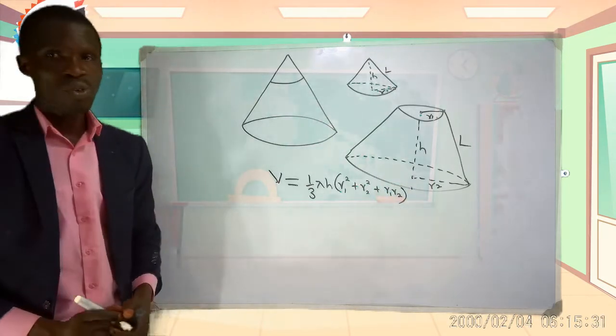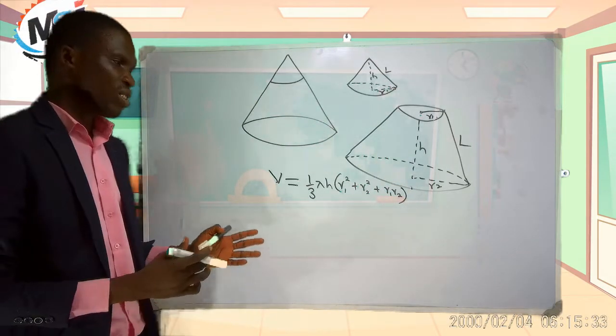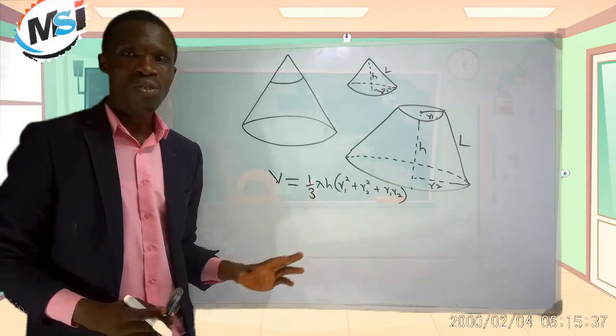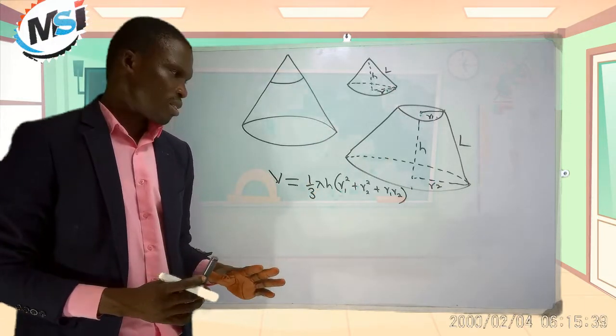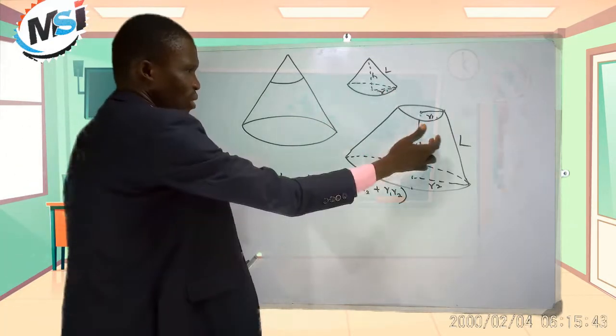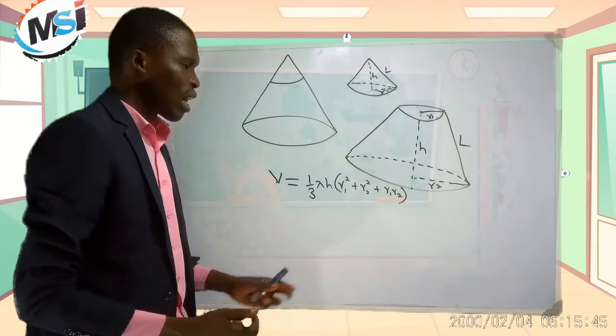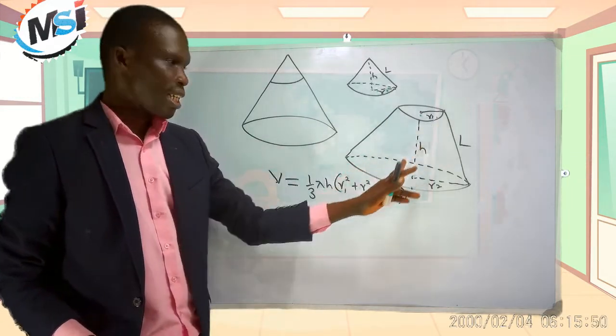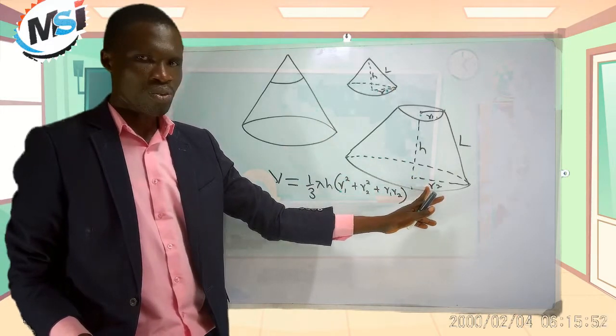Don't get confused with this. You need to understand pi could be 22/7, while H is the height of the frustrum. This is R1 and this is R2.